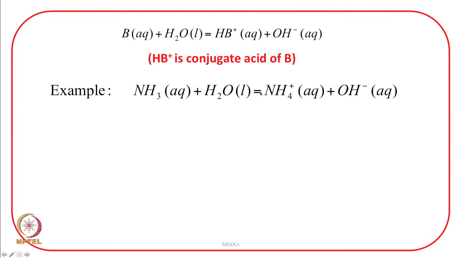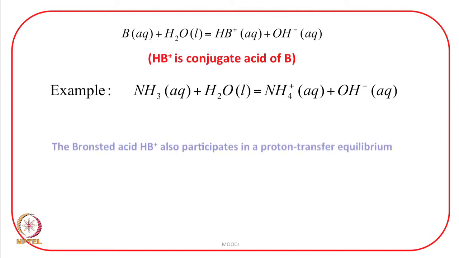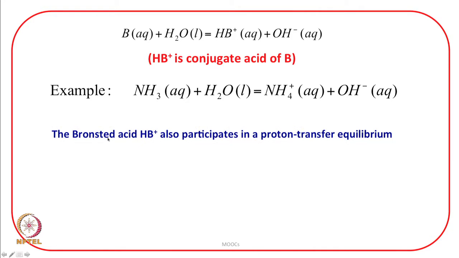Now, since this NH4 plus itself is an acid, the Bronsted acid HB plus, NH4 plus is a type of acid HB plus, and HB plus itself can participate in a proton transfer equilibrium, because as we discussed earlier, HB plus or any molecule which can donate a proton to another molecule will act as an acid.